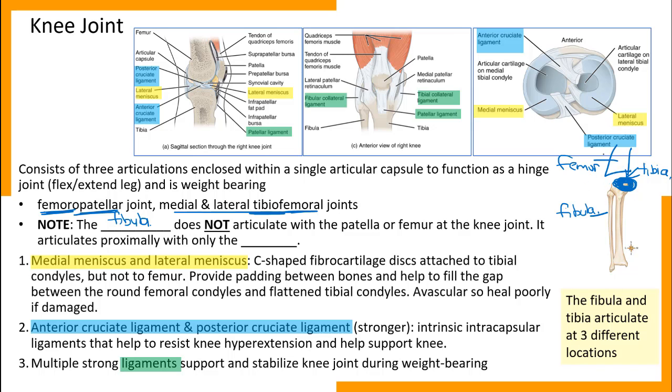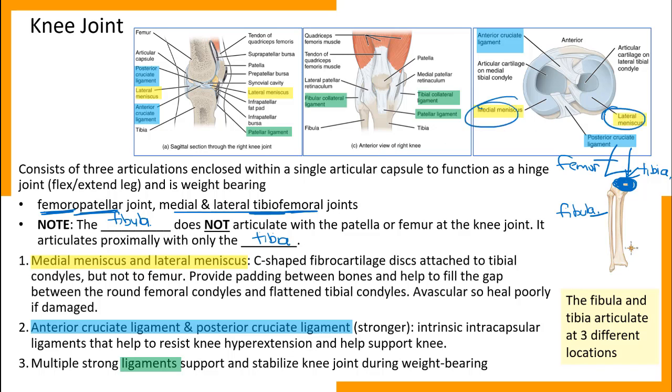It articulates proximally with only the tibia, the other bone of the lower leg, the bigger bone of the lower leg.